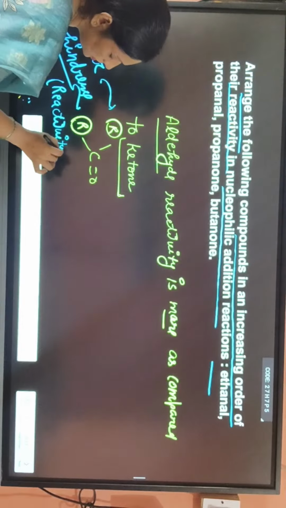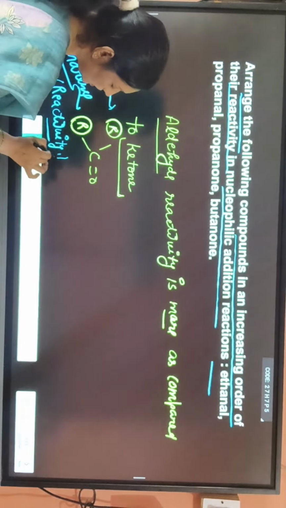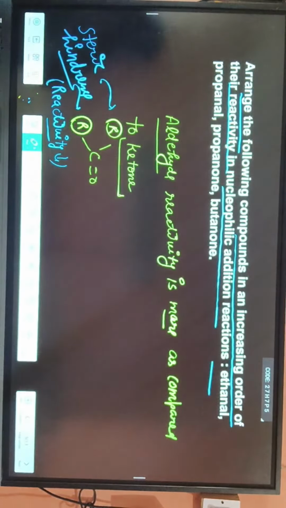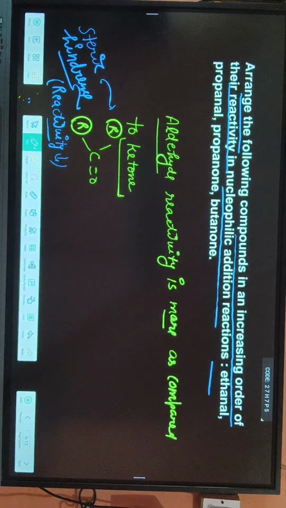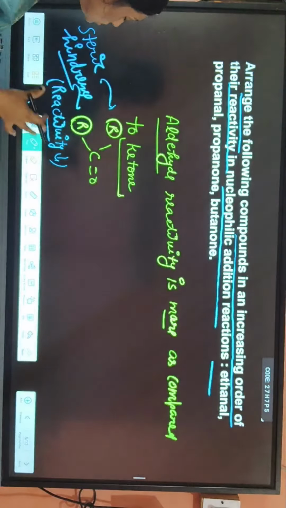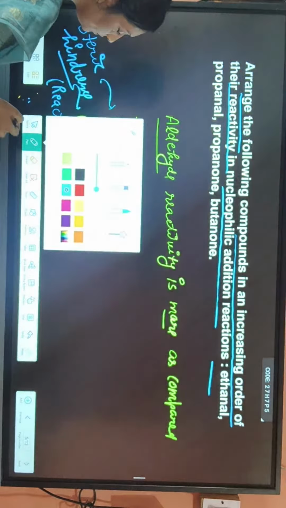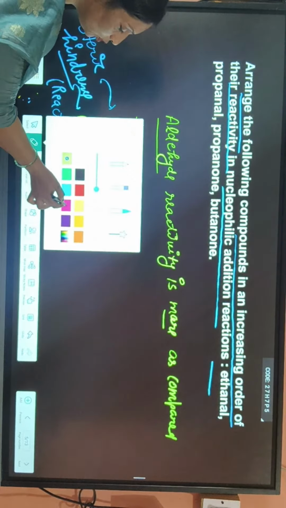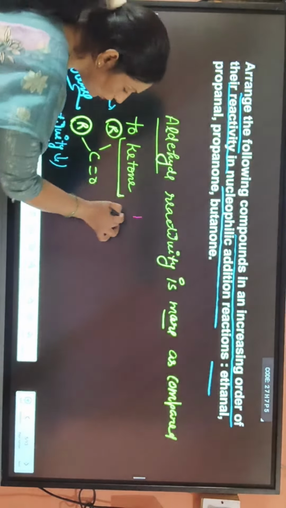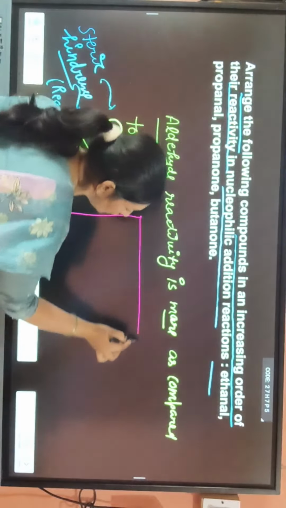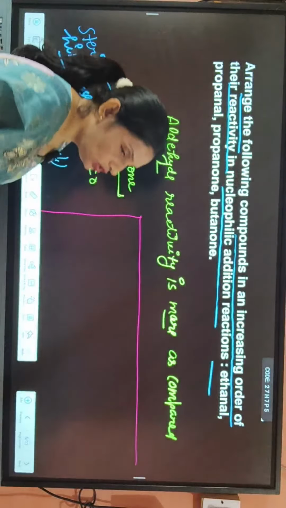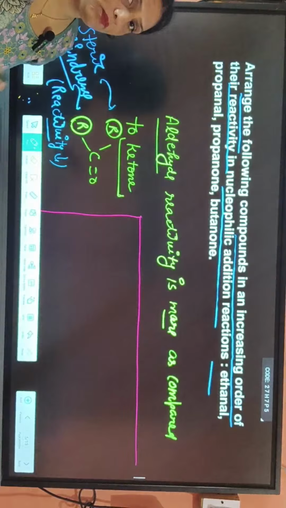So the first thing you will see is in which hindrance increases, so reactivity decreases. If the size or bulky groups increase, then reactivity decreases. Aldehydes are more reactive towards nucleophilic addition reaction as compared to ketones. So on behalf of these points you will reply.